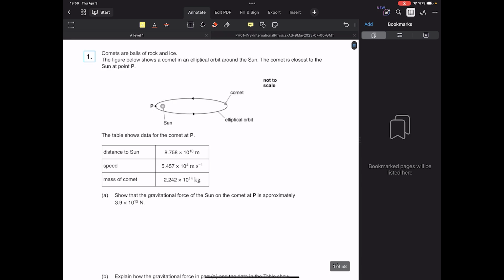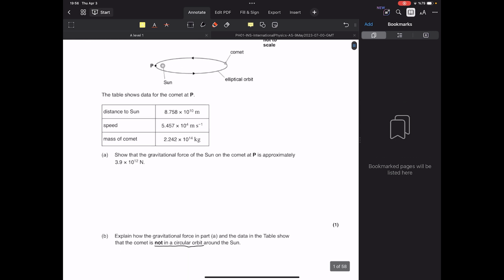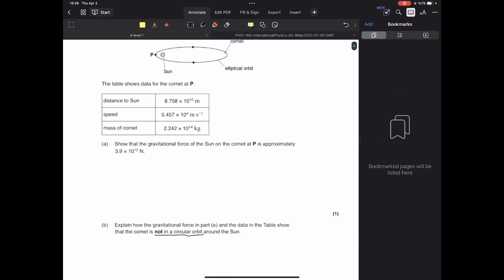All right. So now we have information about a comet, and we're asked to find the gravitational force of the sun on the comet.